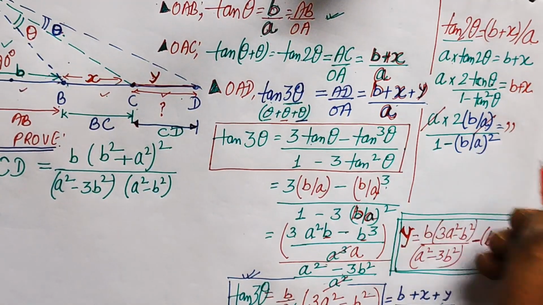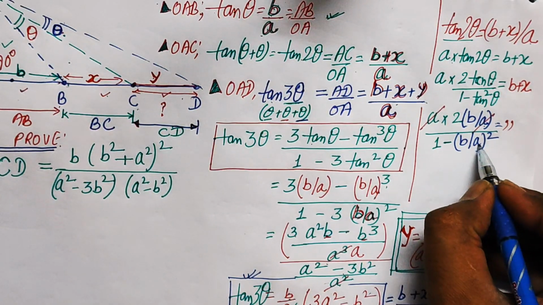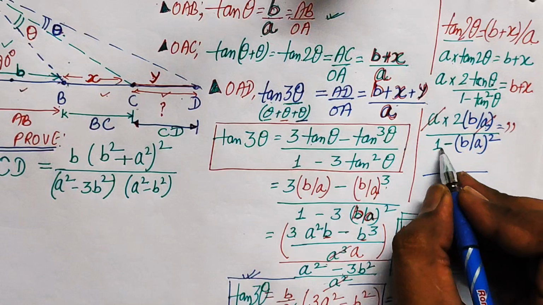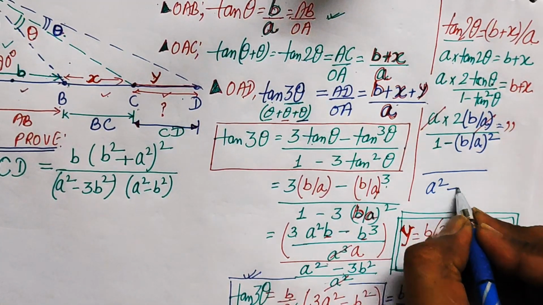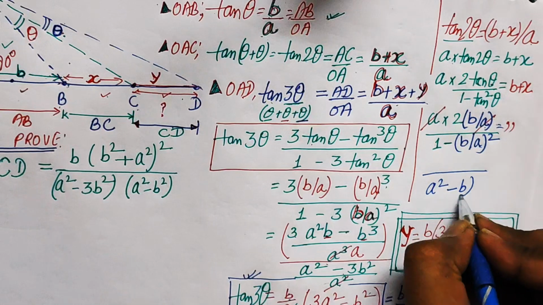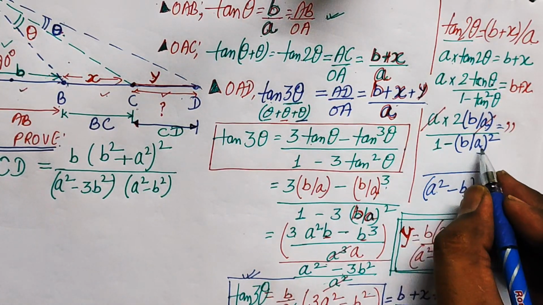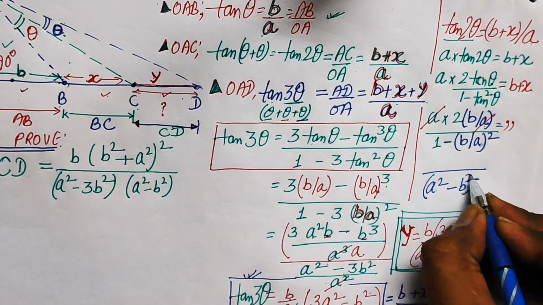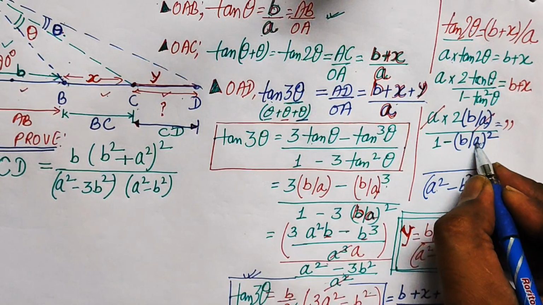And this a square, when taking the LCM, the denominator of the denominator over here will be a square minus b square, because this square is for b and a both.